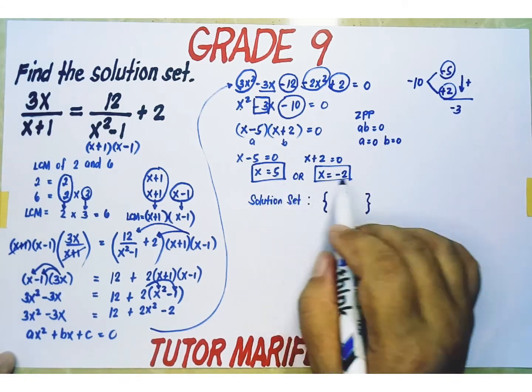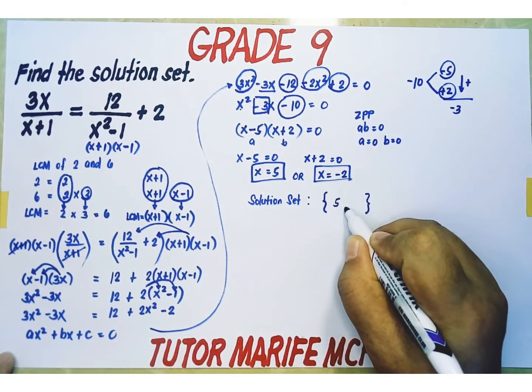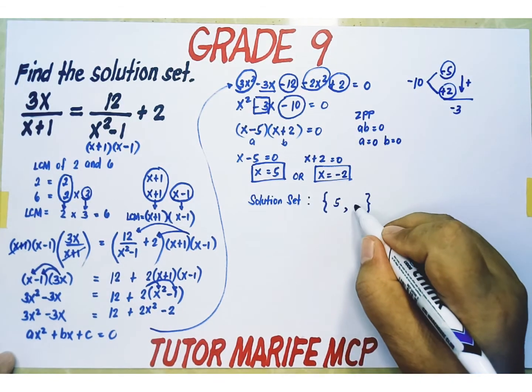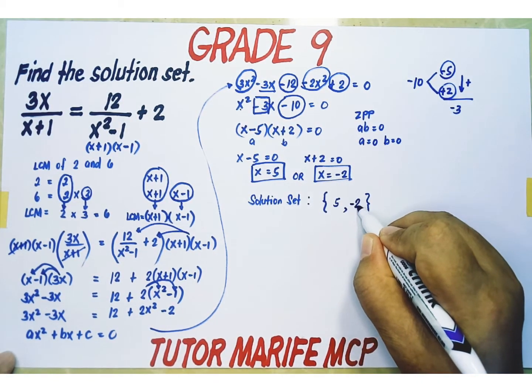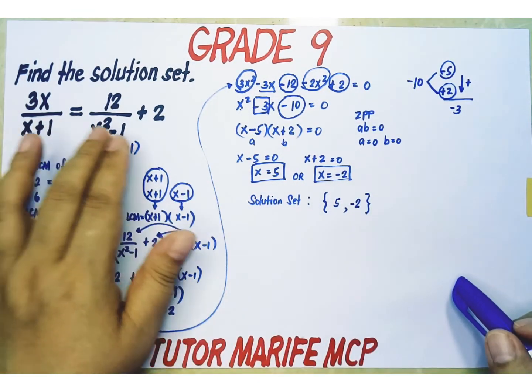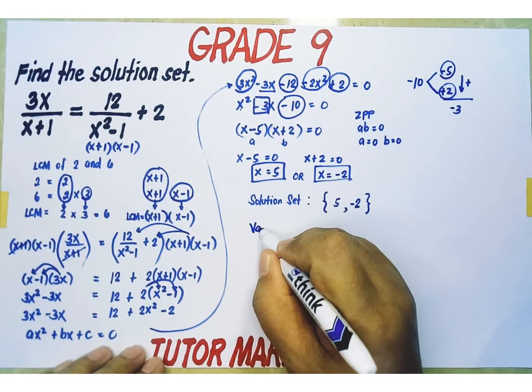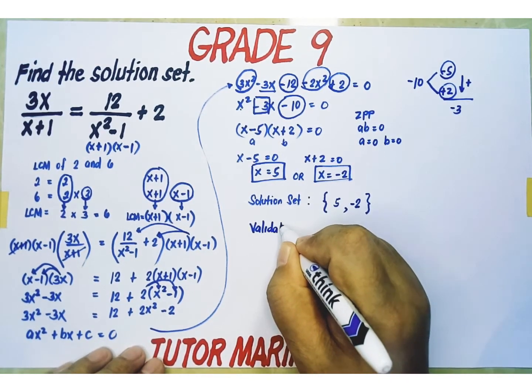Then, we have two elements. 5, separate mo with a comma, and yung second element natin is negative 2. So, itong dalawang numbers na ito ang magsasatisfy sa ating rational equation. So, let's validate our answers kung tama.